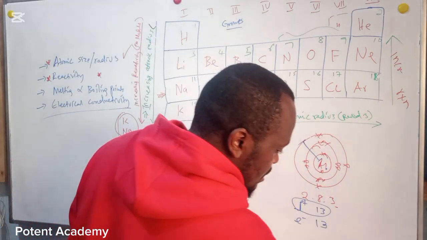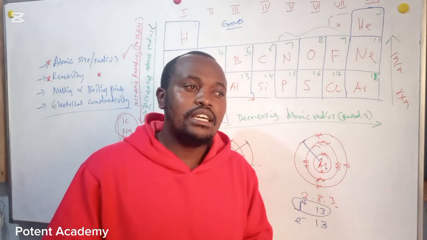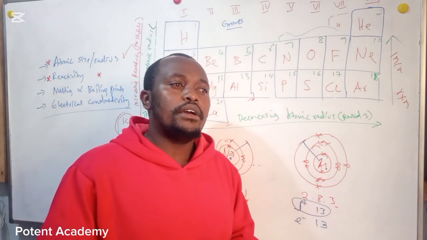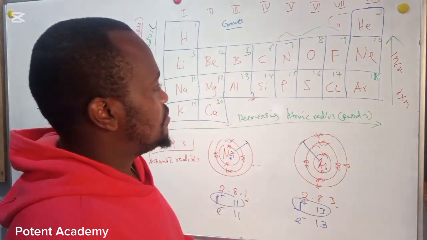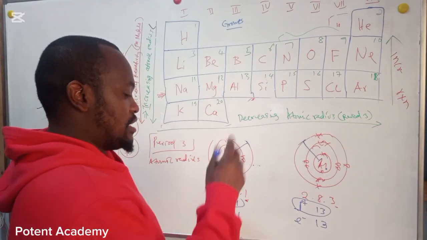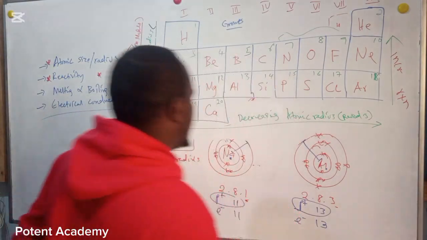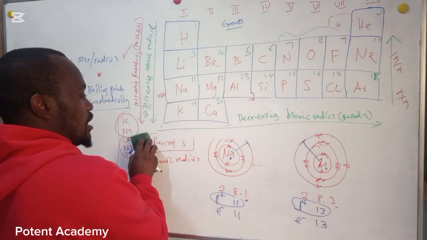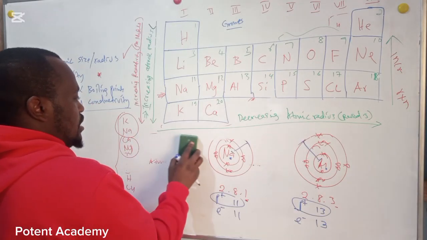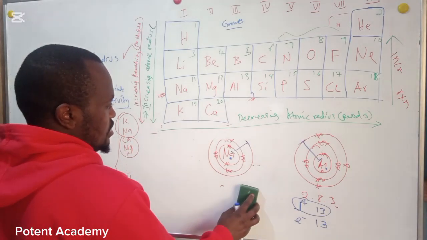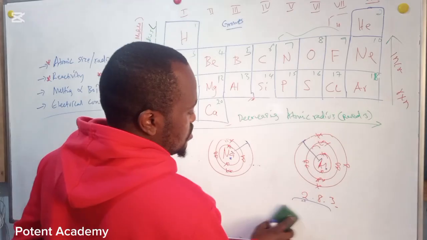Alright, how then does this affect this one? There are several other factors that would affect. However, let's talk about reactivity across the period. We could still use this too.